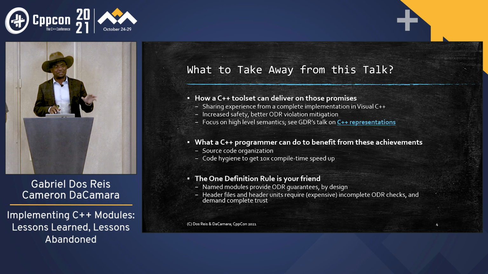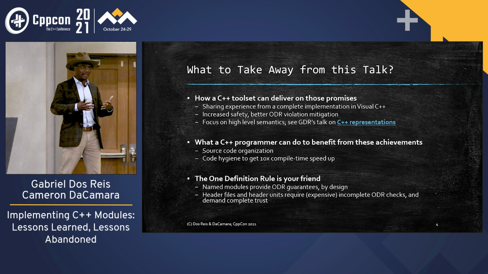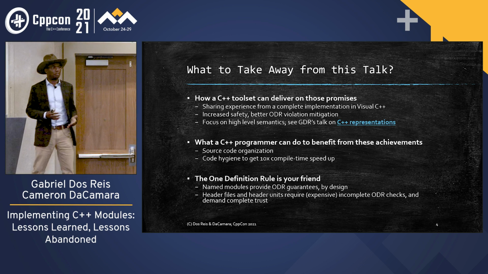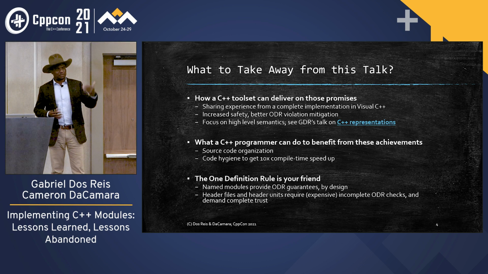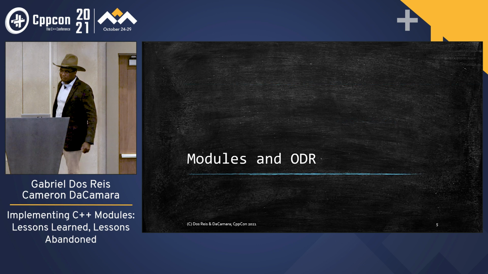Modules were designed to bring the guarantees of ODR for free. The only thing you need to do is follow proper code hygiene. If you get a choice to do innovation in an existing code base, take the opportunity to introduce named modules. Then these ODR guarantees will come for free.